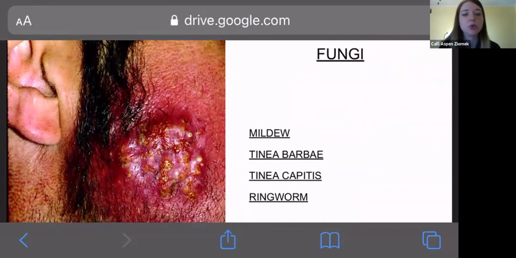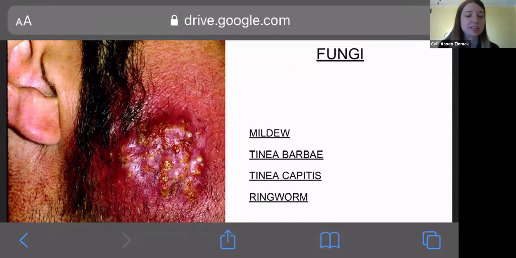Fungus will include your mildew, tinea barbae, which is an infection of the beard hair. Generally you'll deal with it with ingrown hairs, but it'll have little pustules and it'll be red and inflamed. That's tinea barbae. Tinea capitis is when it's on the top of your head.